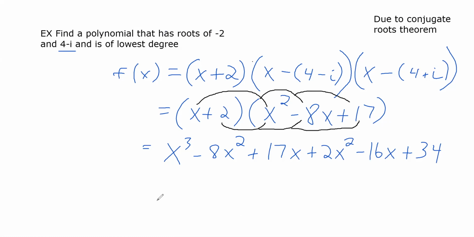And now all we need to do is combine like terms. The x cubed is all by itself. Minus 8x squared plus 2x squared, those are like terms. Negative 8 plus 2 is negative 6. Plus 17x minus 16x, 17 minus 16 is just 1. So it's just plus x and then the plus 34 at the end.